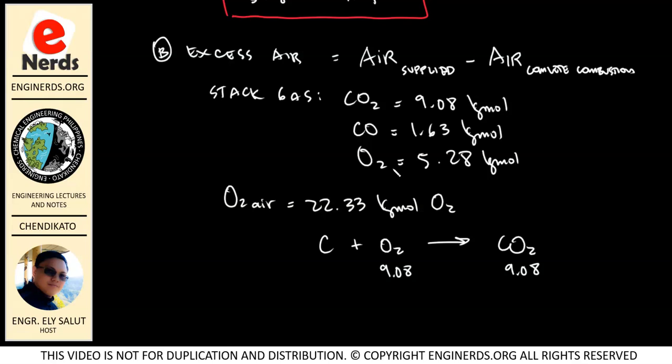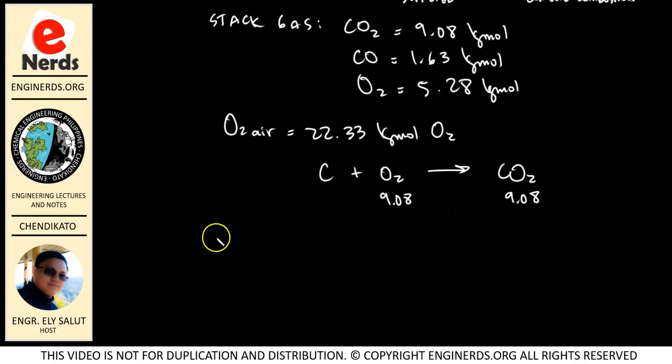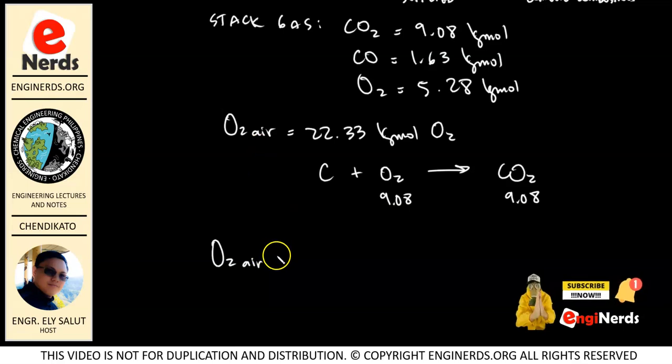So, since to get the excess air natin, it is air supplied minus air used for complete combustion, kailangan lahat ng carbon natin has been converted to CO2. Tandaan natin, saan napunta yung mga oxygen natin? Oxygen is coming from air.